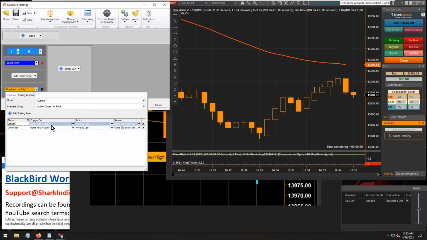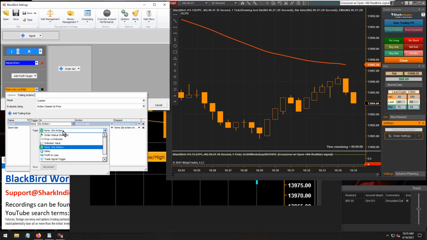So if it's an up bar, we're going to use the trigger mechanisms to determine whether it's an up bar. To do that, we're going to use the price versus indicator trigger method here.